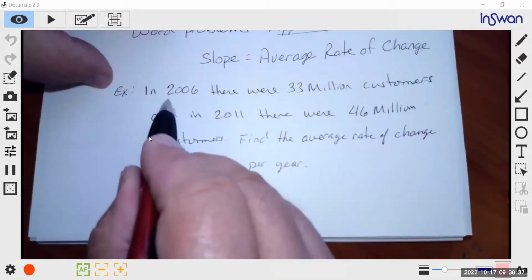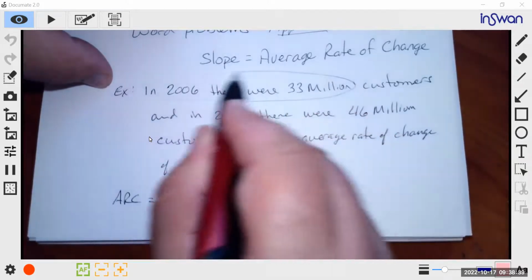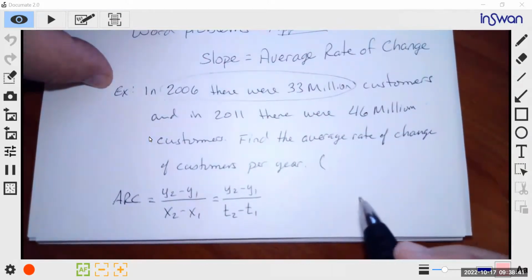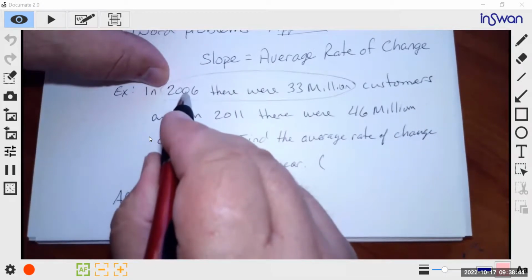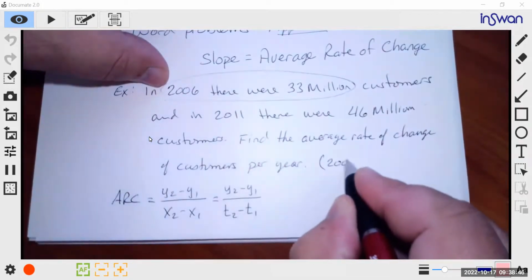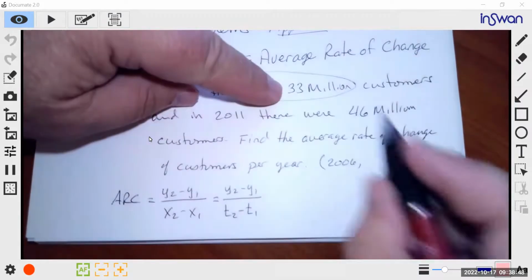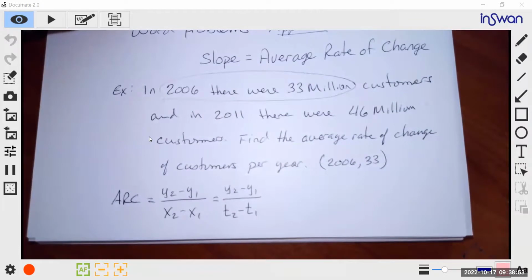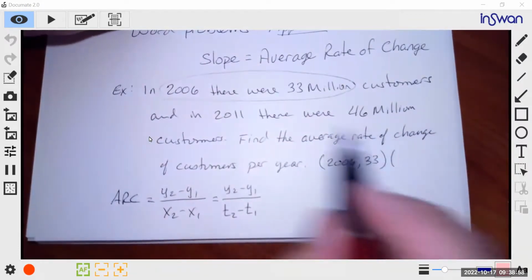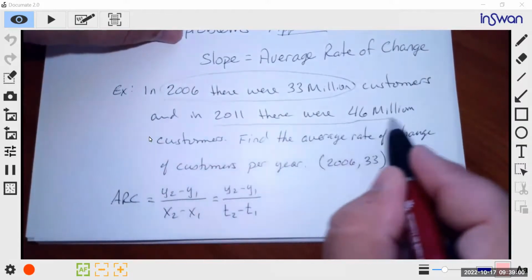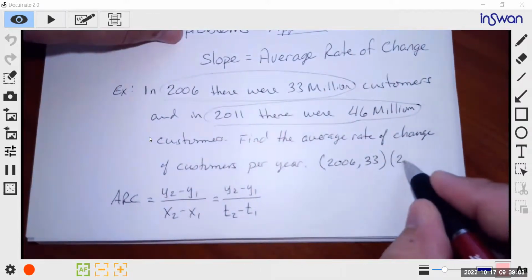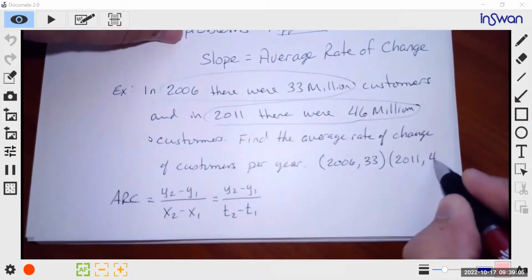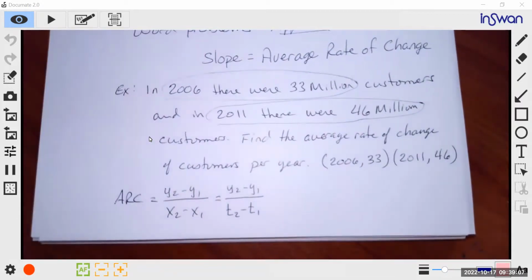So in the first thing, in 2006, we had 33 million customers. 2006, that's the period of time. So that's the x component. And the y component is the 33 million. And the second one says in 2011, we had 46 million. So the time is 2011, and we had 46 million customers. Just find the slope between those 2 points.